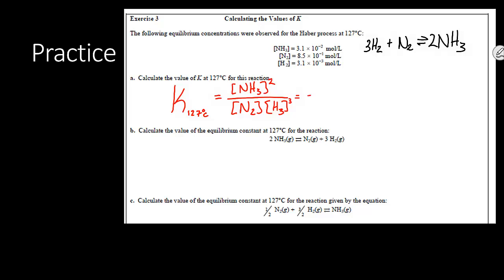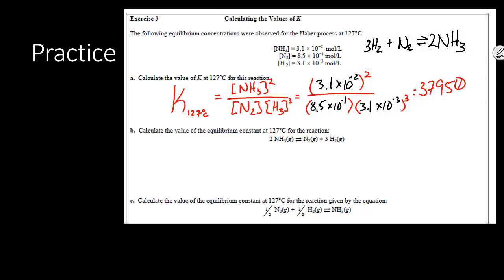So we'll just plug those values in. 3.1 times 10 to the minus second, squared, over 8.5 times 10 to the minus first times 3.1 times 10 to the minus third, to give us an equilibrium constant value of 37,950.